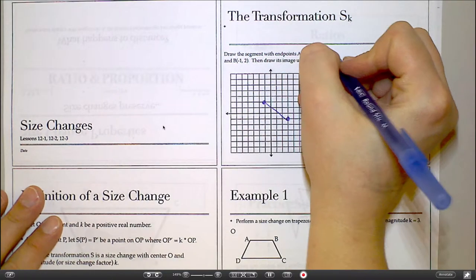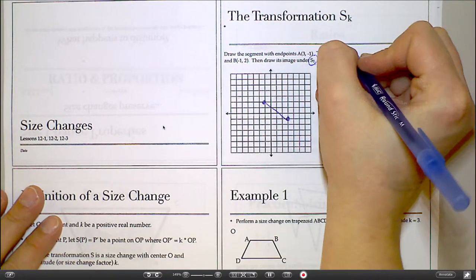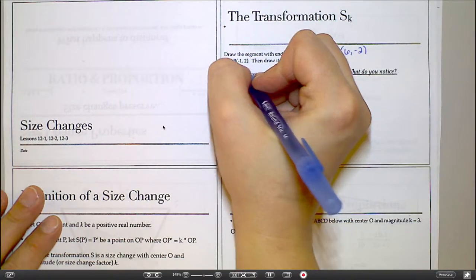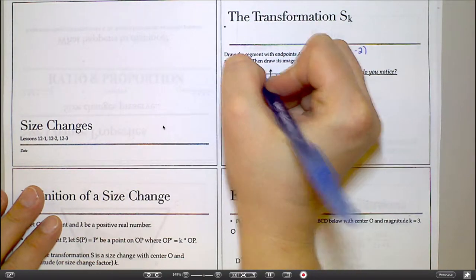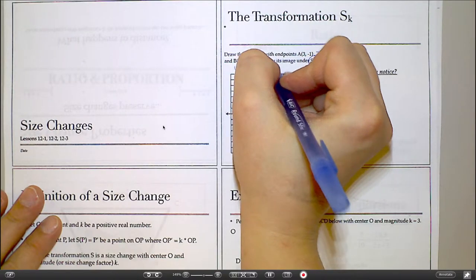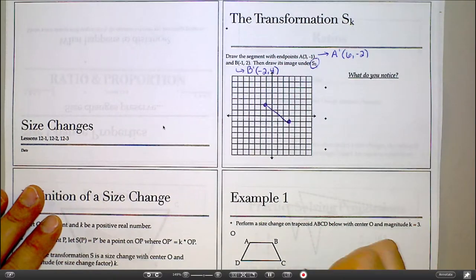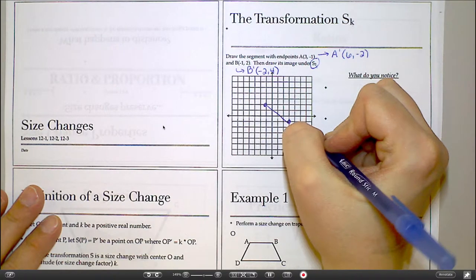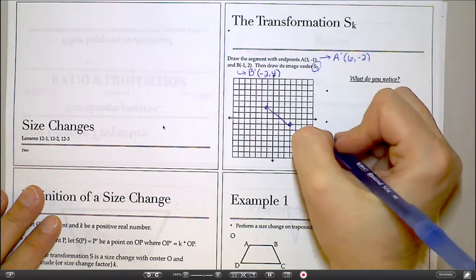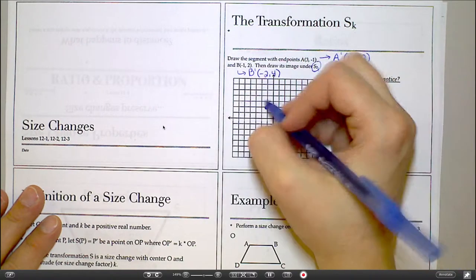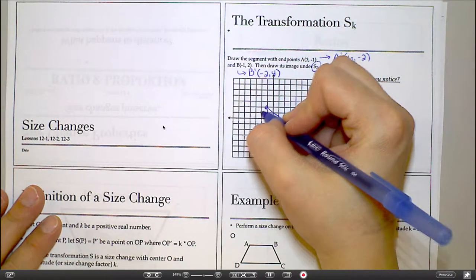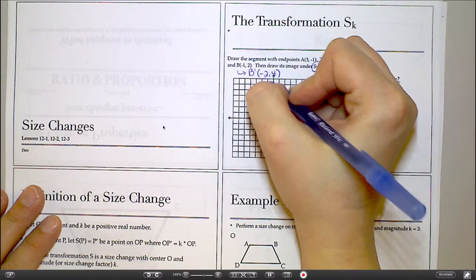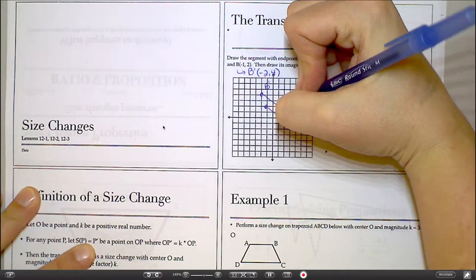So this would become A prime, which is (6, -2), and this would become B prime at (-2, 4). So I'm just multiplying the coordinates by 2. When I graph those, I end up here for A prime and (-2, 4) for B prime. And this is my new segment.